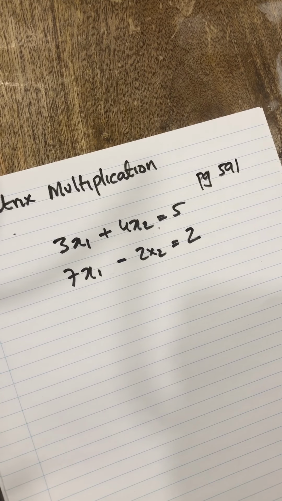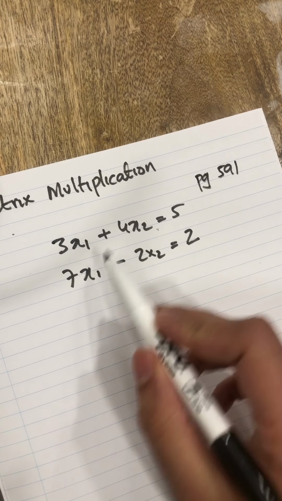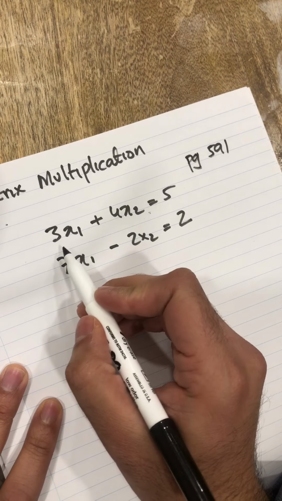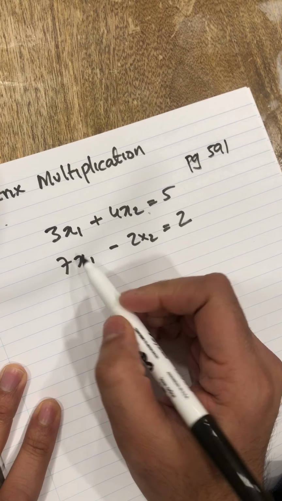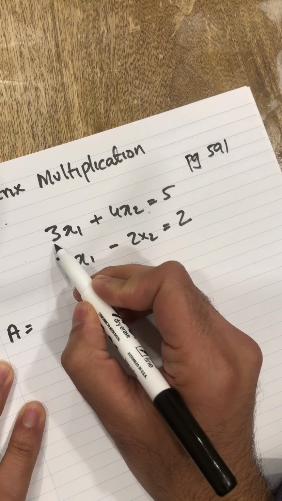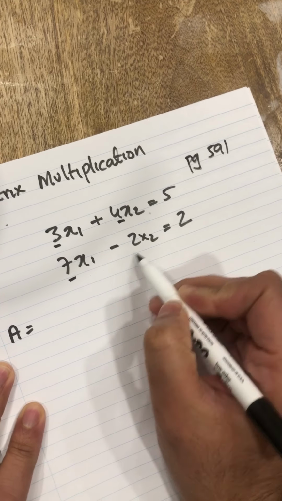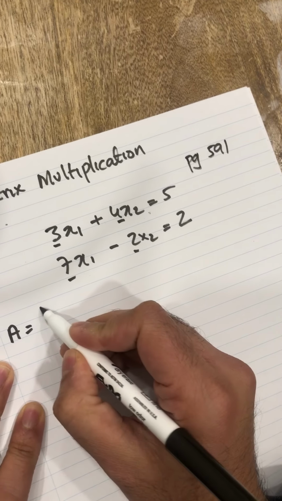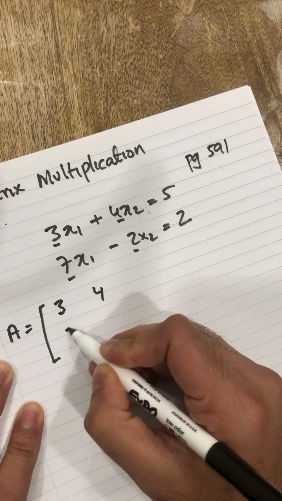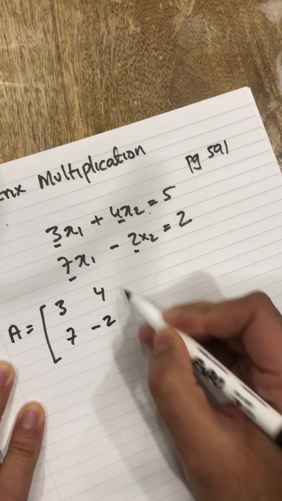What you can do is take these two equations and define them in the form of matrices. So you can write a matrix A, which is made up of all the coefficients of your x. You can write your matrix A as 3, 4, 7, minus 2.